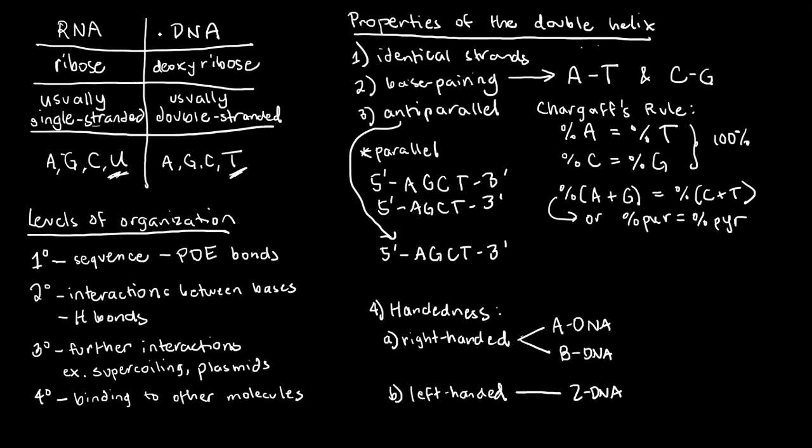But for now, other than knowing the differences of the components of RNA and DNA, we also have to recognize that just like proteins, nucleic acids have their own levels of organization. Now, if you are still, by the time you're watching this, familiar with the levels of organization for proteins, it's quite convenient because we have some similarities in the levels of organization for nucleic acids.